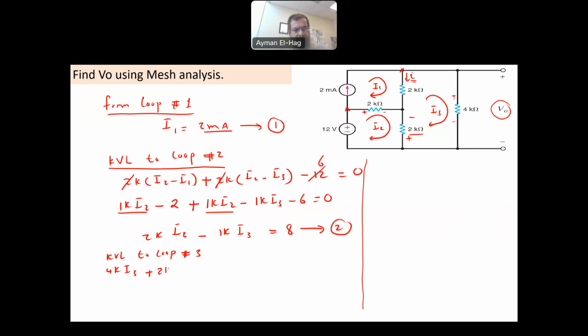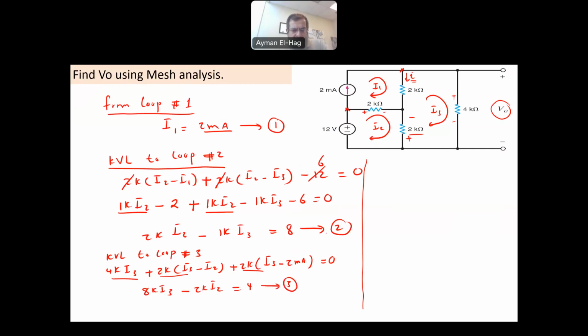So plus 2K (I3 minus I2), plus 2K (I3 minus I1), which is 2 milliamp, minus 2 milliamp is equal to 0. So let me collect terms here. So we will have 8, 2, 2. So we have 8K I3 minus 2K I2 is equal to 4, and that is my third equation.